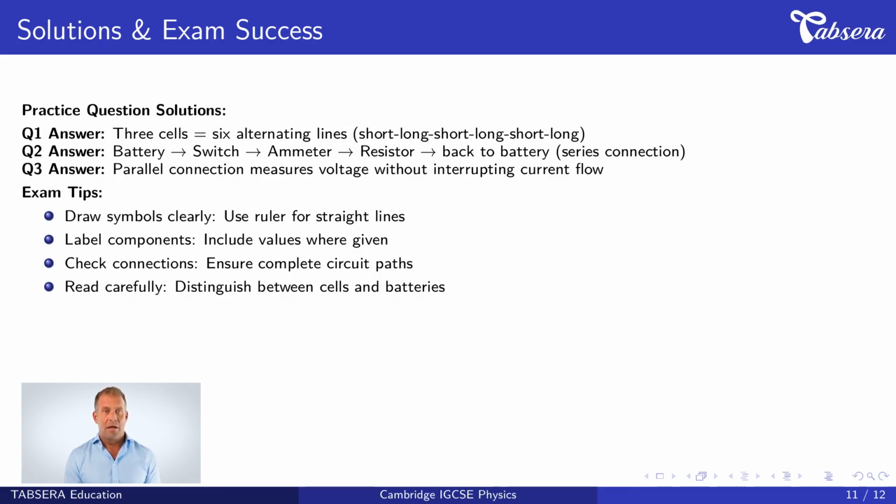For question 3, voltmeters connect in parallel because this arrangement measures potential difference across components without interrupting the main current flow. Series connection would stop current flow entirely. Exam success requires clear symbol drawing using rulers, proper component labeling with values, checking complete circuit paths, and carefully distinguishing between cells and batteries.